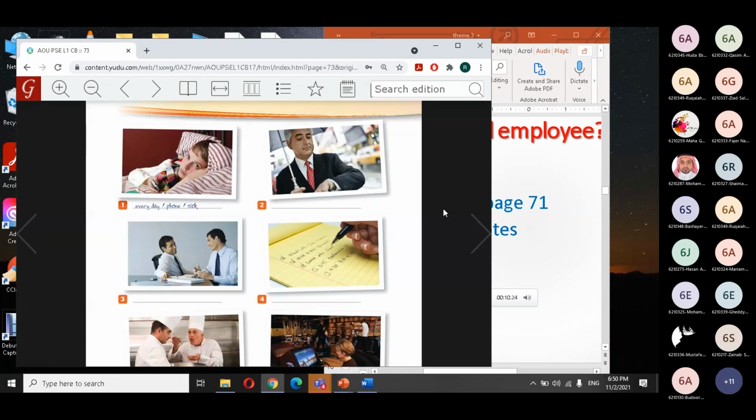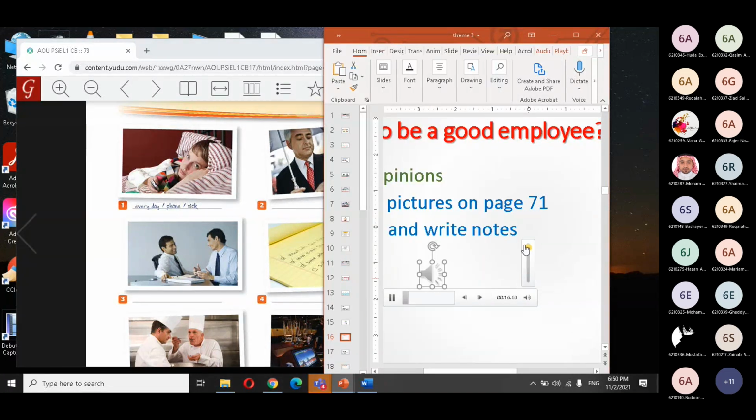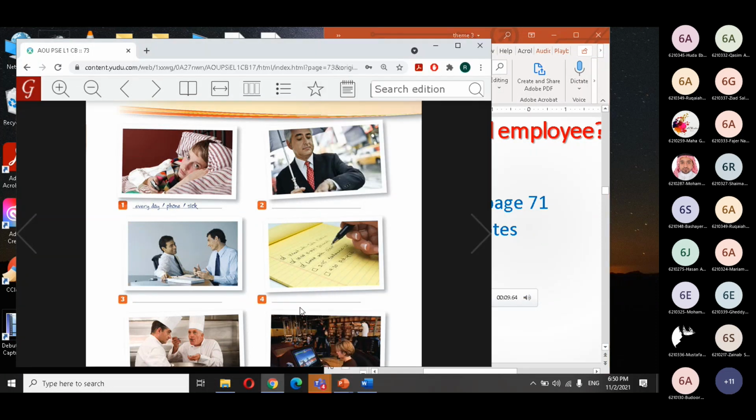How do you get a good job when you leave university? Well, here's an idea. Start thinking. Change the way that you think. 3.1. How do you get a good job when you leave university? Well, here's an idea. Start thinking about it now. Change the way that you think about university.